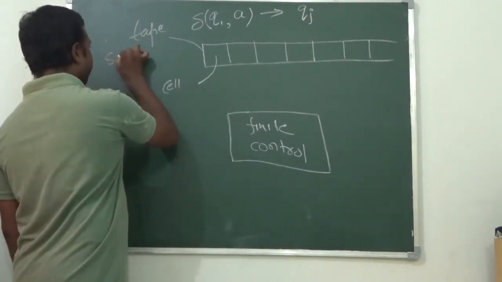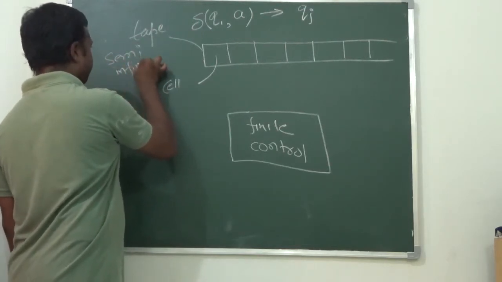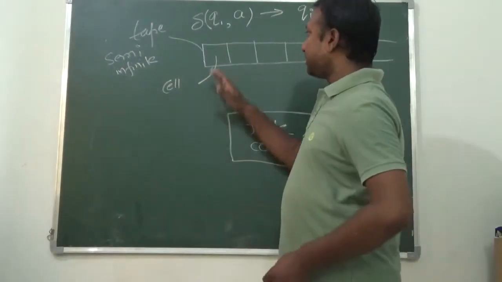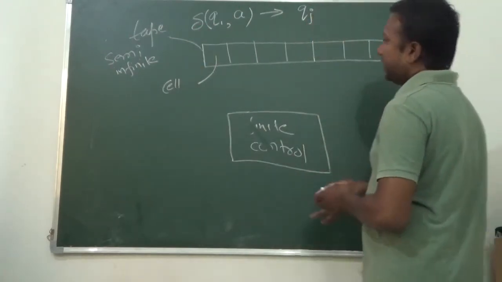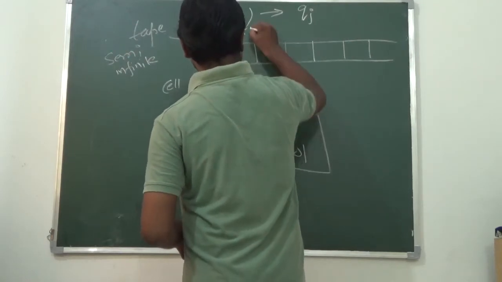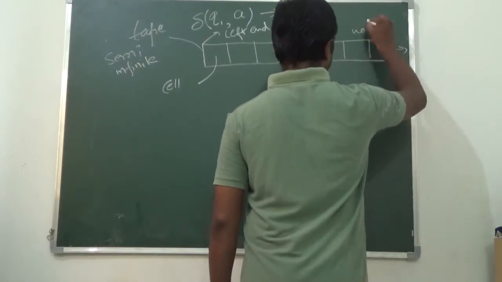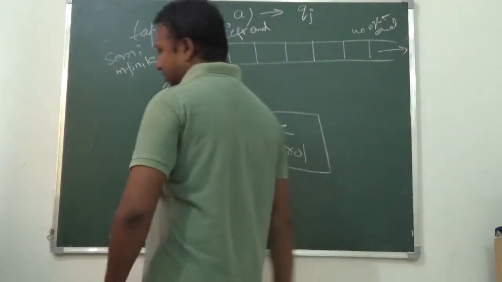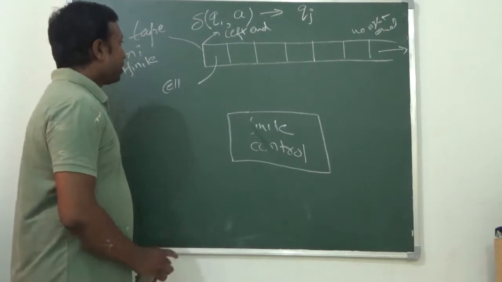This tape is semi-infinite. So what do you mean by semi-infinite? This tape has a left end, but there is no right end. So this is the left end, but there is no right end. Okay?